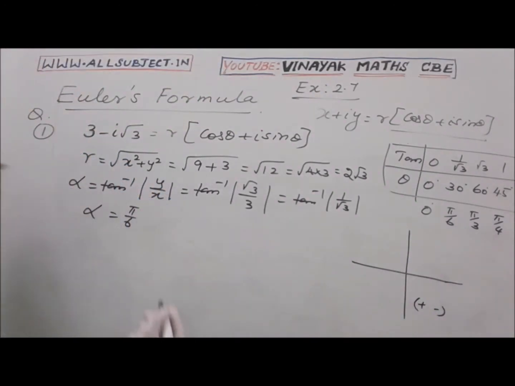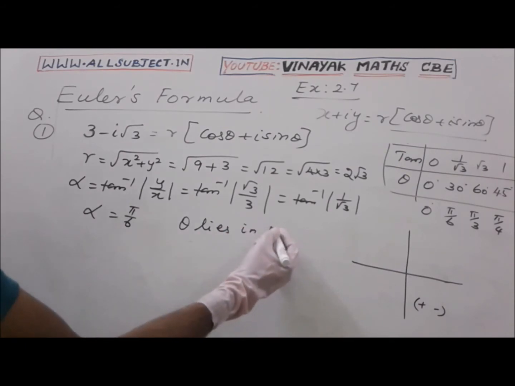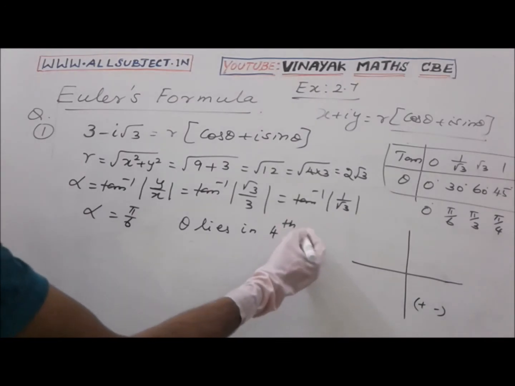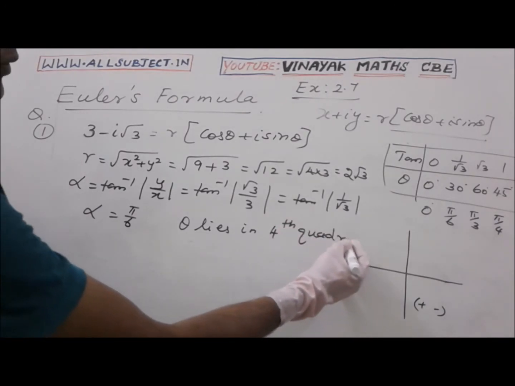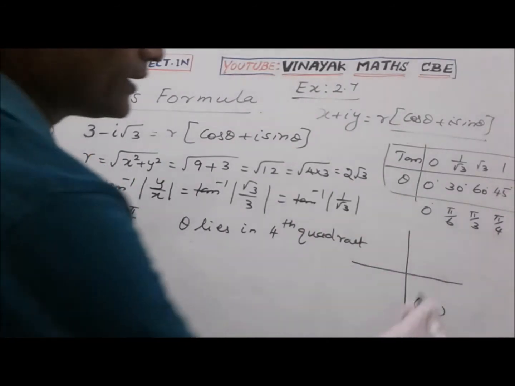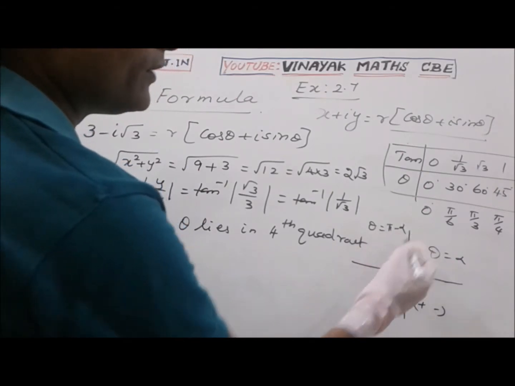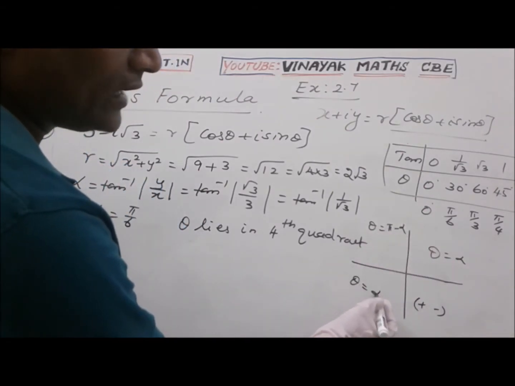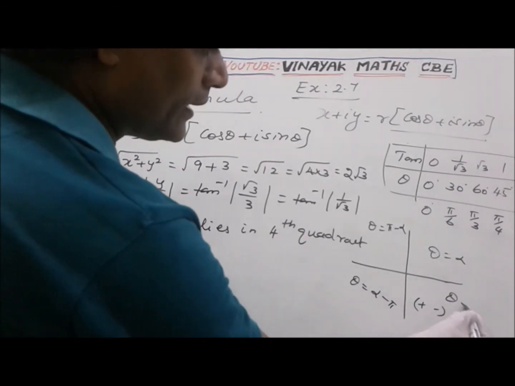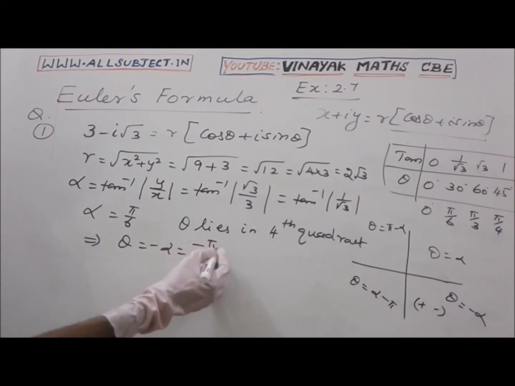So for the first quadrant theta equal to alpha, second quadrant theta equal to pi minus alpha, third quadrant theta equal to alpha minus pi, for the fourth quadrant theta equal to minus alpha, which implies the theta value will be equal to minus alpha equal to minus pi by 6.